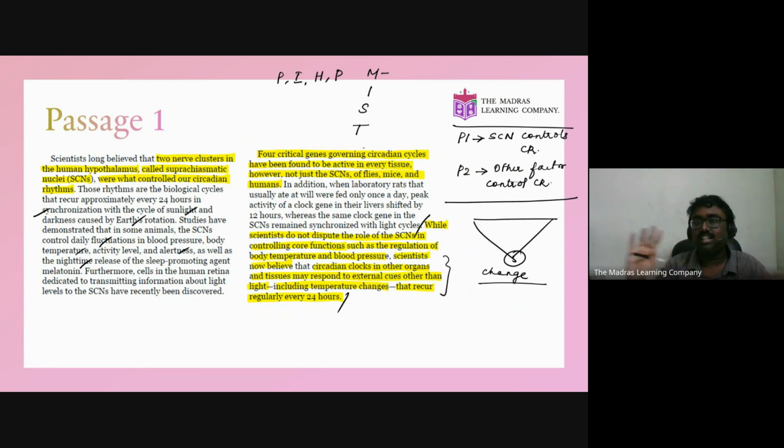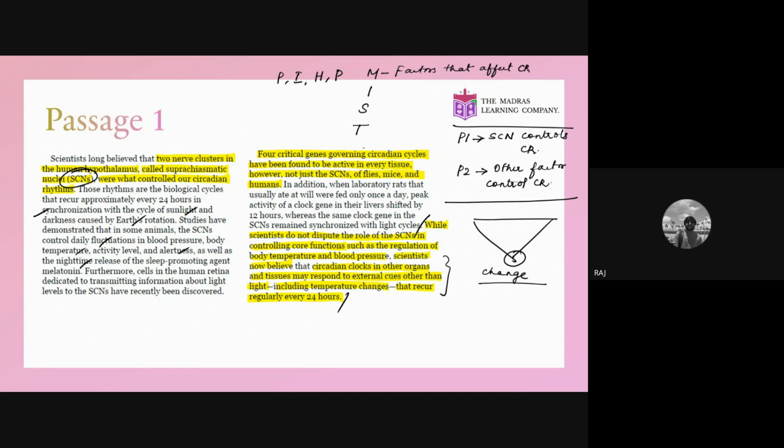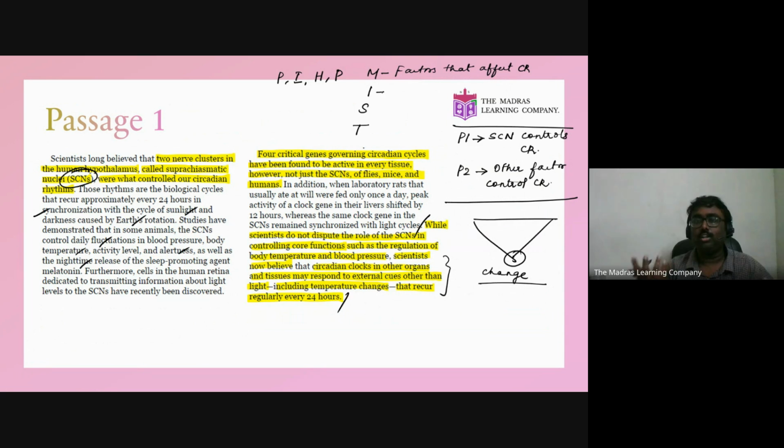I was actually expecting SCNs. Okay, but for now we'll say factors that affect circadian rhythm. Raj, do you agree? Yes. Okay. Now, what do you know about the factors?